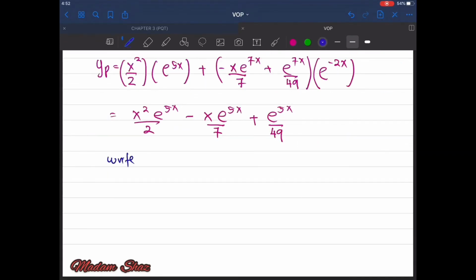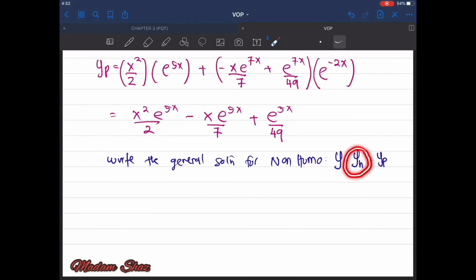So now you have to write the general solution for non-homogeneous, which is y equal to YH plus YP. So you have to combine back our YH with our YP. So therefore y is equal to a exponent 5x plus b exponent negative 2x.